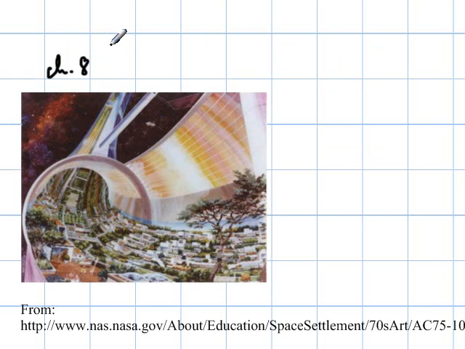Chapter 8, Problem 8. It says, if the variation in g between one's head and feet is to be less than 1/100th of a g, then compared to one's height, what should be the minimum radius of the space habitat? So again, the equation would be similar to what we had before.